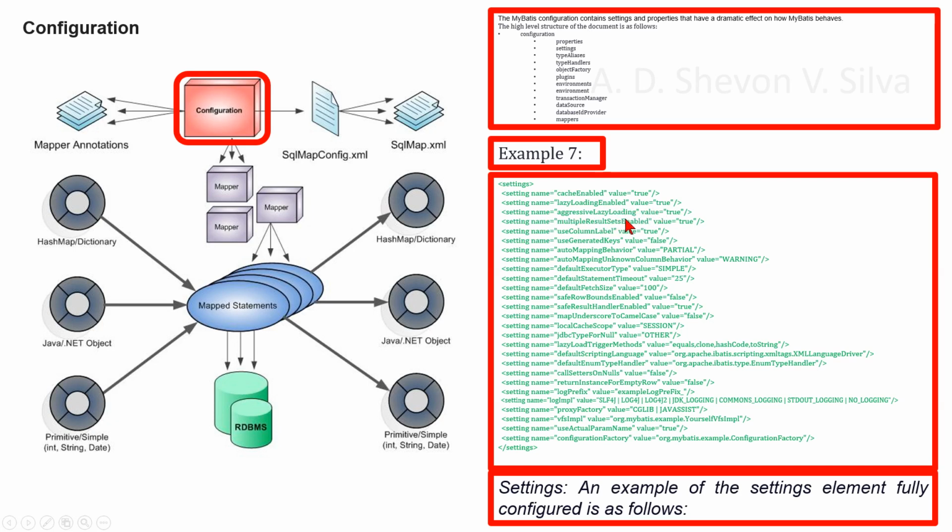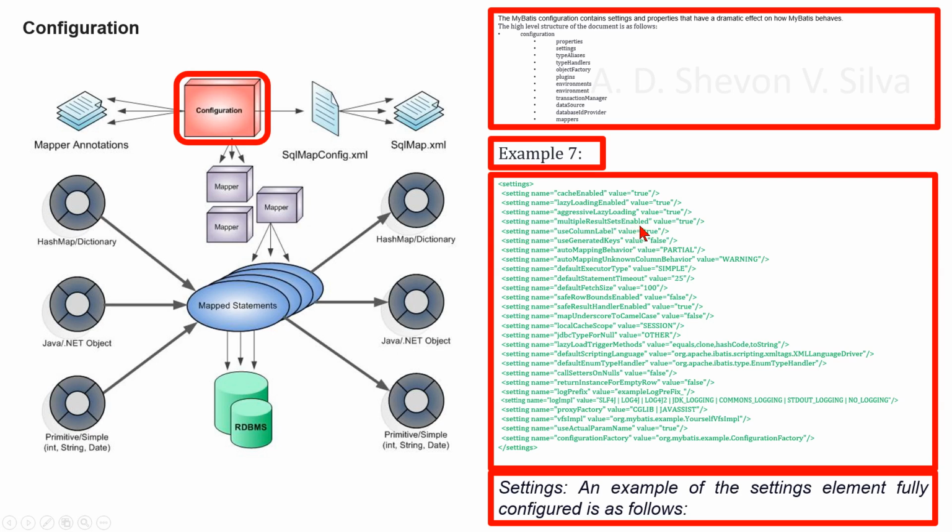Aggressive lazy loading, when enabled, means any method call will load all lazy properties of the object, otherwise each property is loaded on demand. Valid values are true or false, and the default value is false, and true in 3.4.1 and earlier. Multiple result sets enabled allows or disallows multiple result sets to be returned from a single statement.